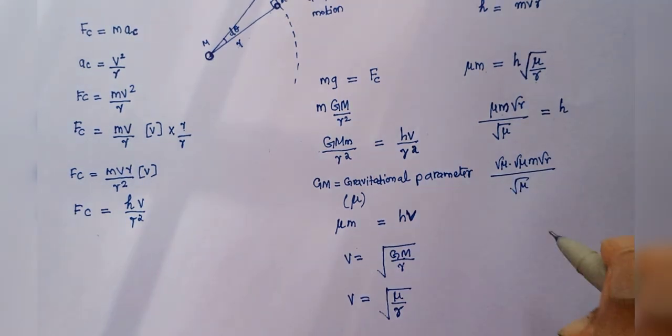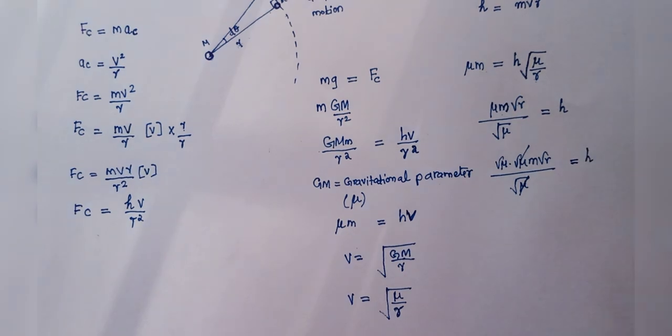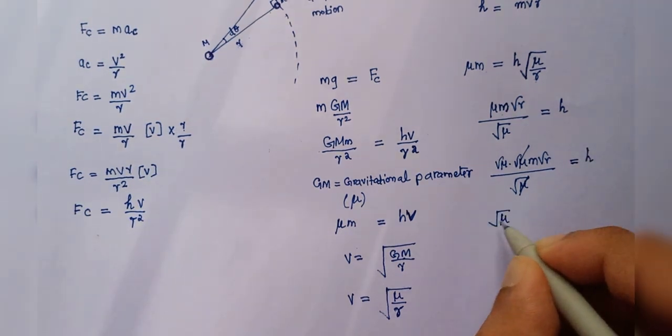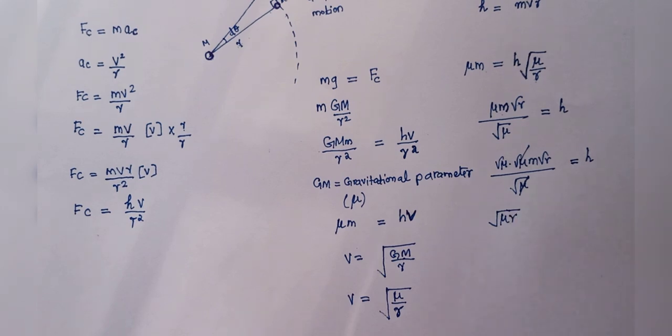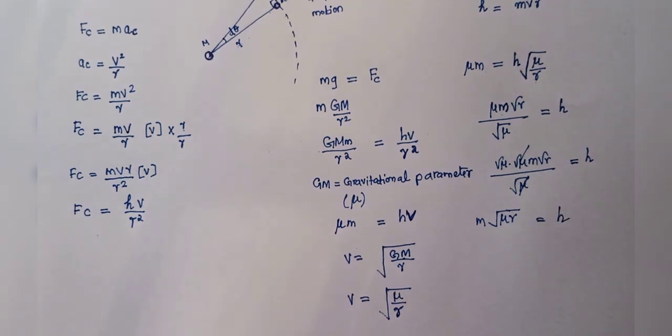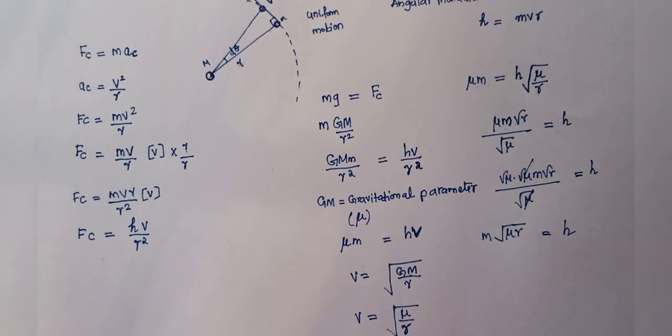So you get an opportunity to cancel one root of mu, and that should give me h. So root of mu into root of r, and that times will give me some mass over here, so that should give me h.